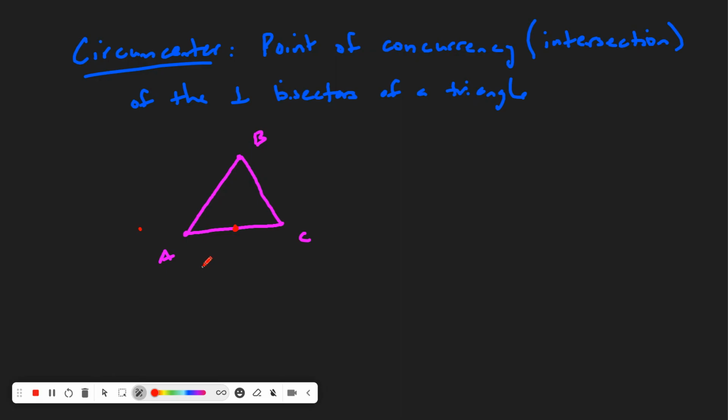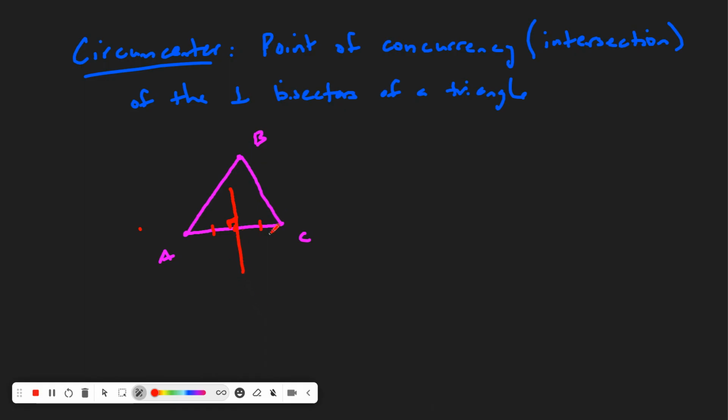Okay, that is a midpoint, which means that this segment is congruent to this segment. And now let's draw a perpendicular going through there. Now, this perpendicular can go as long as you want to, all right? So I'm going to just draw it from here straight down. This is my perpendicular. Okay, so there is one of my perpendicular bisectors.